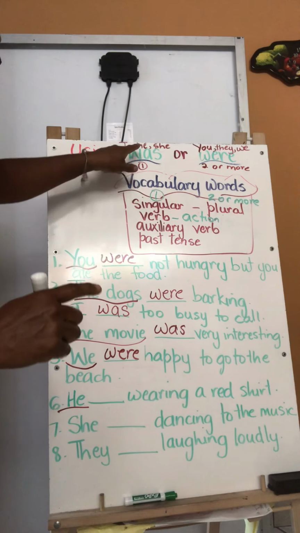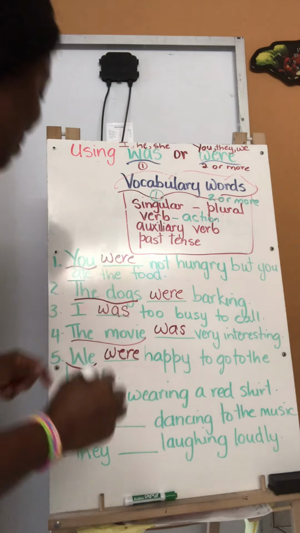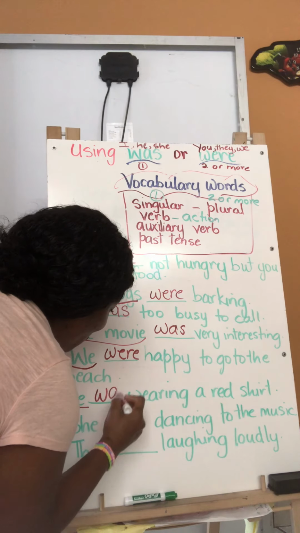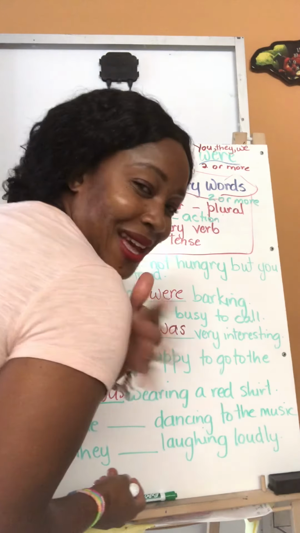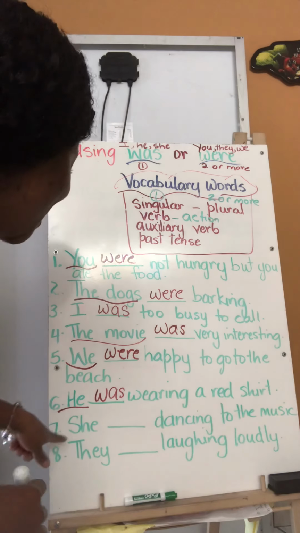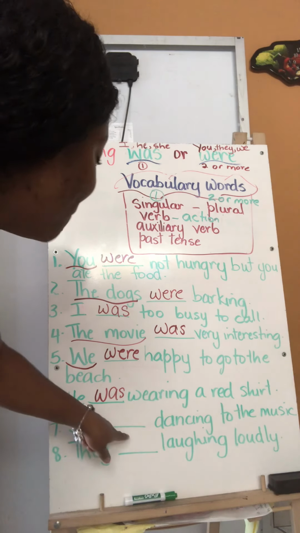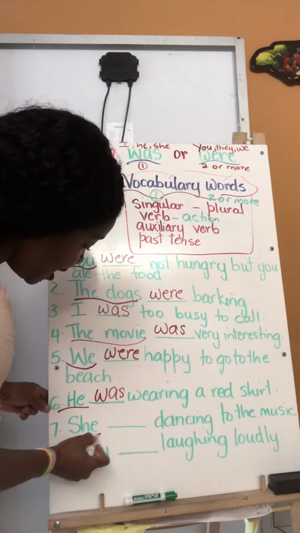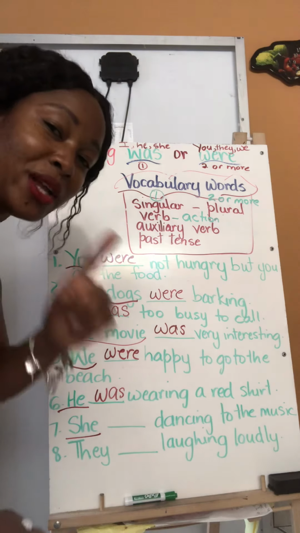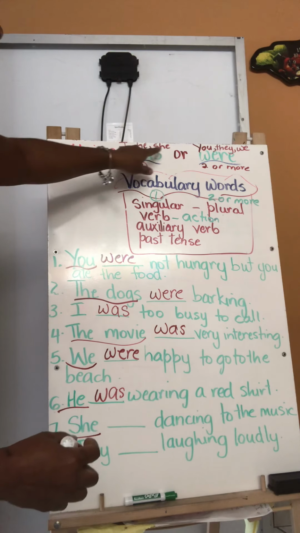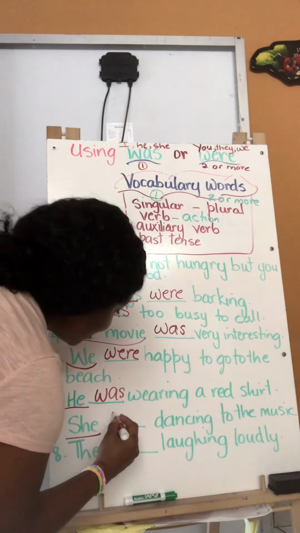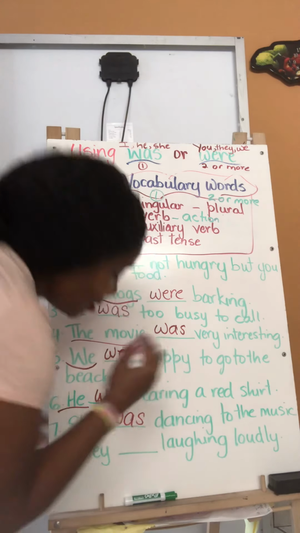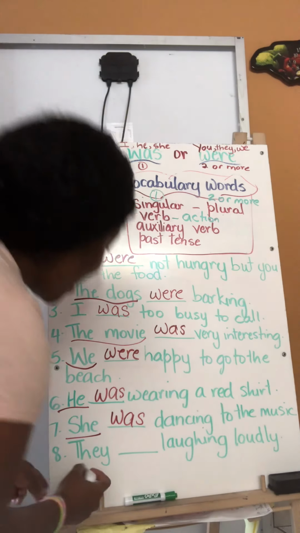He refers to one. So one person. He was. I bet you got that one. 7. She blank dancing to the music. She refers to one person. She was. So once it refers to one, you're choosing was.